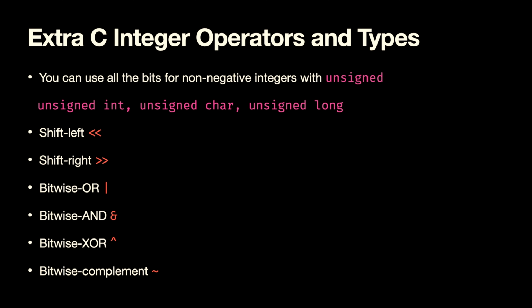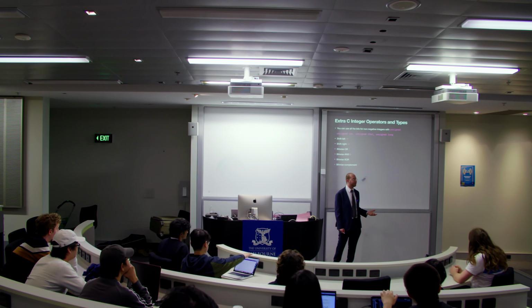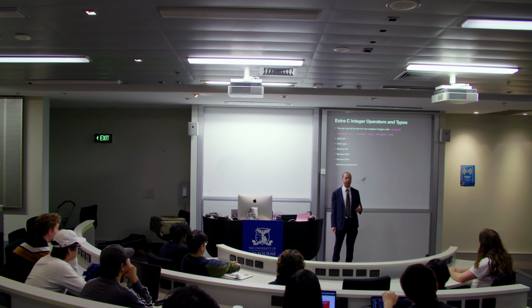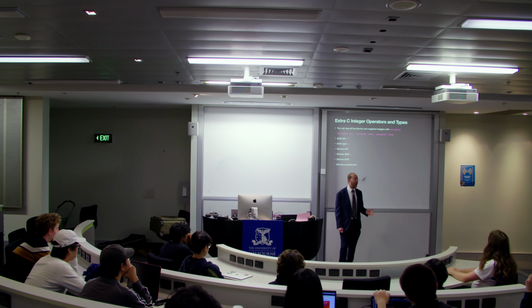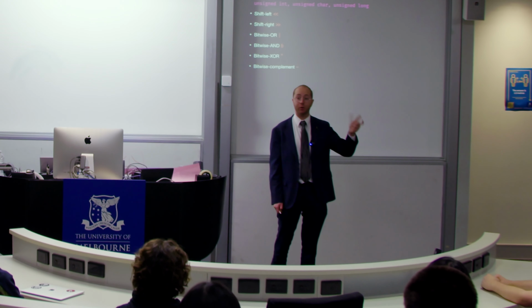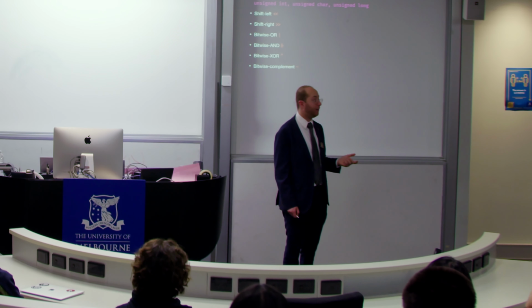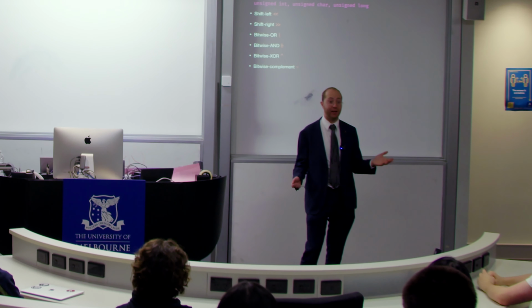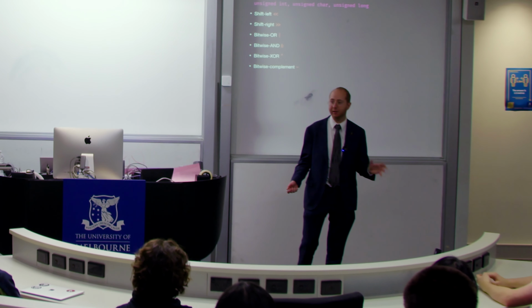So along with our normal integers and our normal floats, we also have unsigned versions of them. And what this means is don't bother using any bits to store the negative part, because I'm telling you in advance that I only want to store a positive number. And so this allows us to save that extra 1 bit in the case of our integers as well, which actually gives us a ×2 factor increase in the number of numbers we can store.